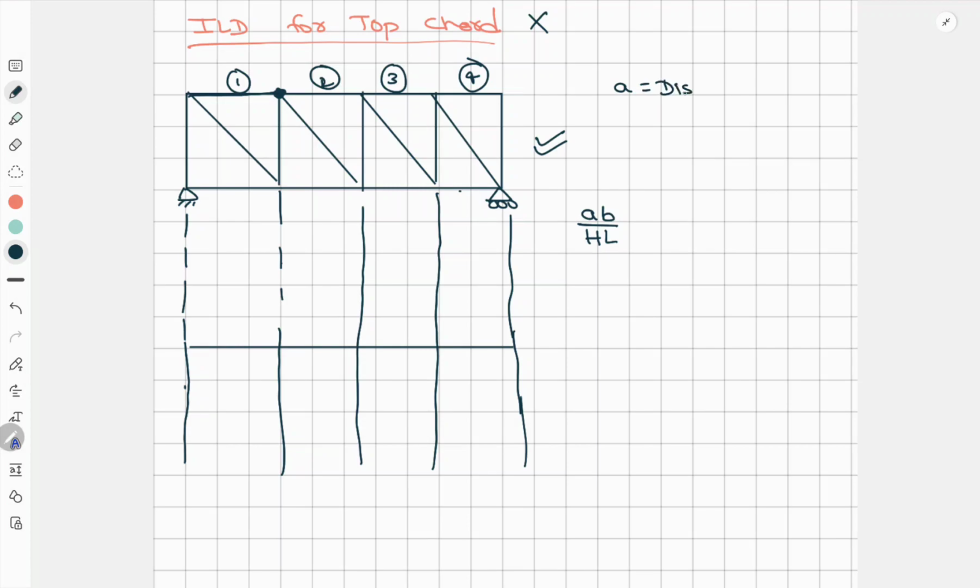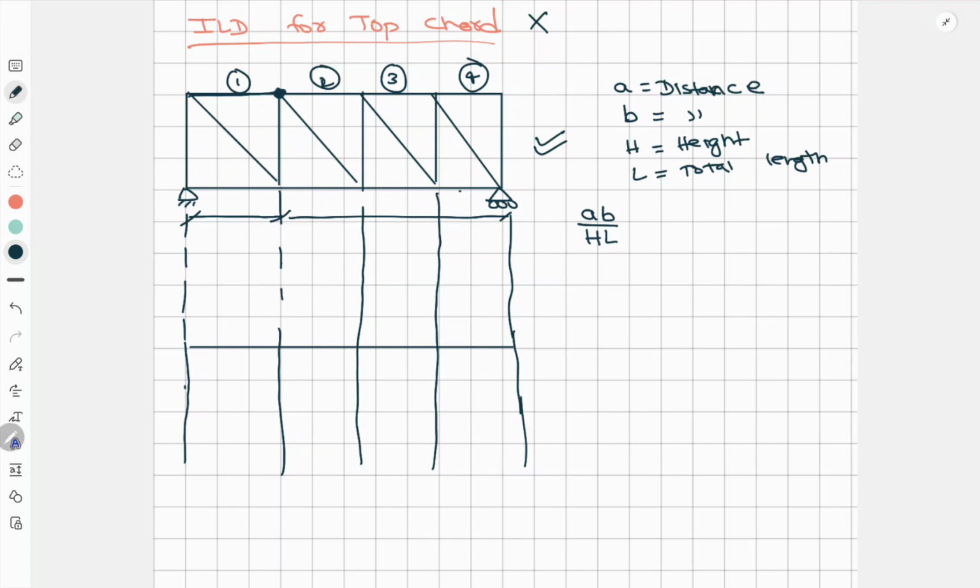A is the distance, I'll write it down here, this is the distance, and B is the other distance. A is this distance and B is this distance. H is equal to the height, and L is the total length.